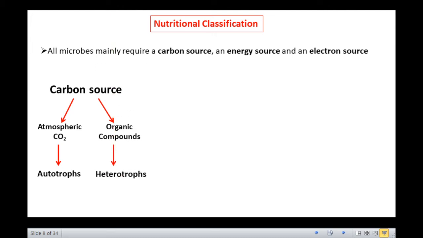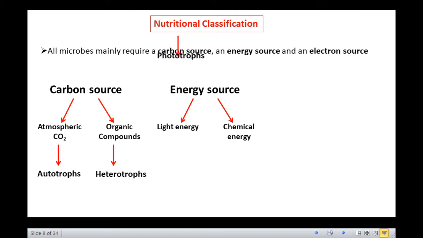On the basis of how they obtain energy for their life processes, if they utilize light energy, they are classified as phototrophs, and if they obtain the energy from the oxidation of organic or inorganic compounds, they are called chemotrophs.